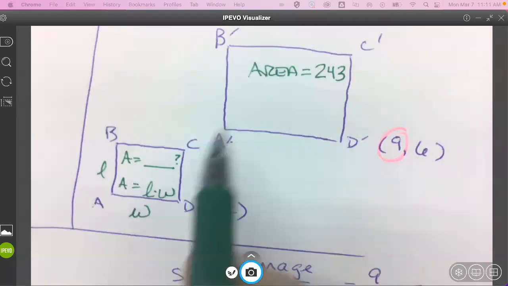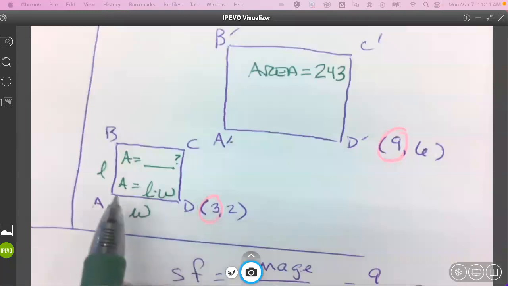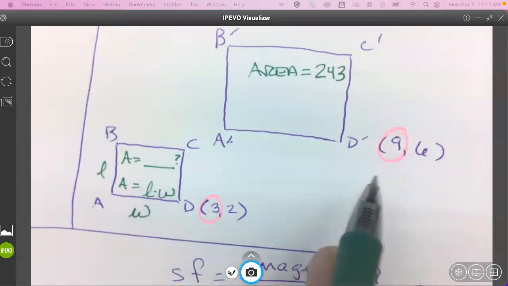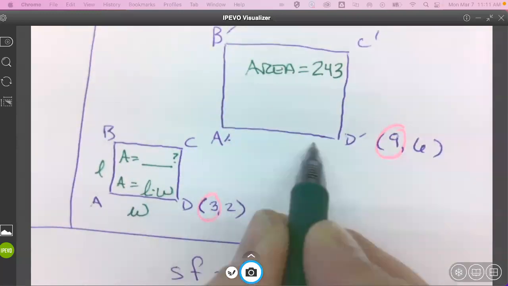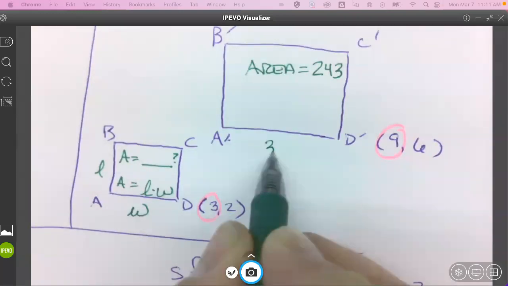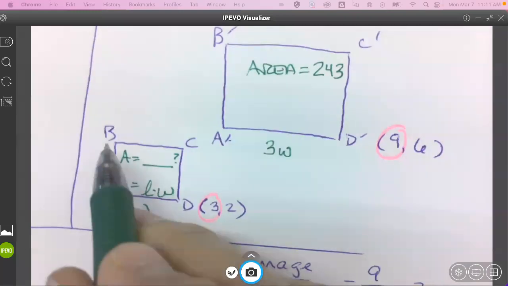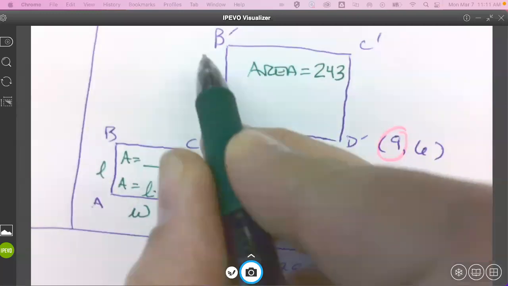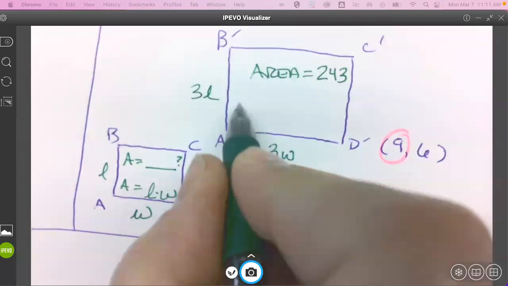And if we're saying that these two shapes are similar shapes, then I know that if this whole shape experiences a scale factor of 3, then this side being W tells me how long is this side? W times 3 or 3W, right? And if this is a length of L and I'm experiencing a scale factor of 3, how long is this? 3L.